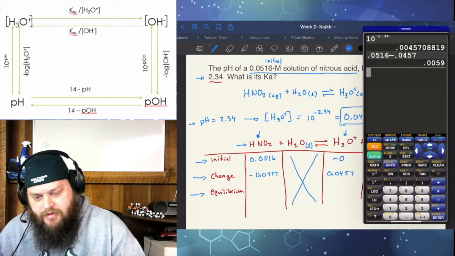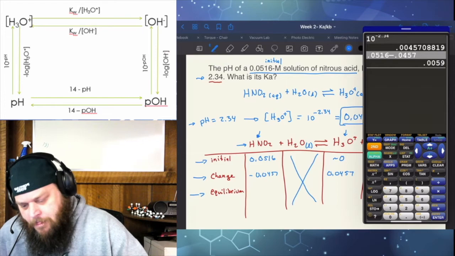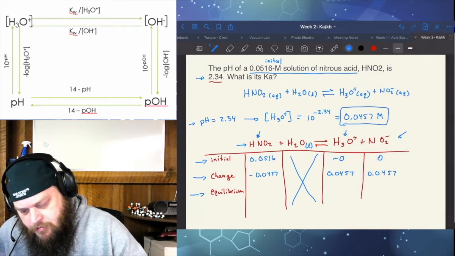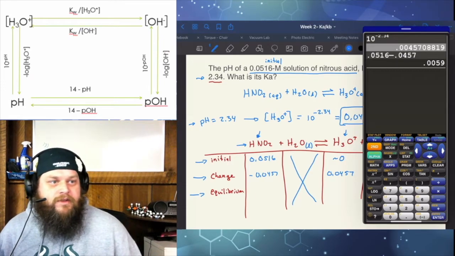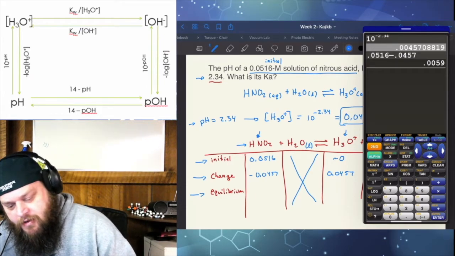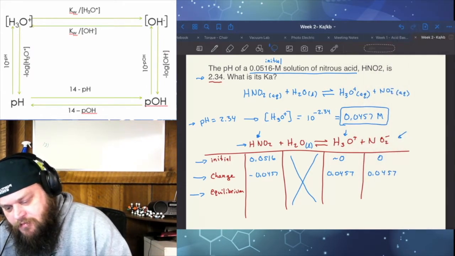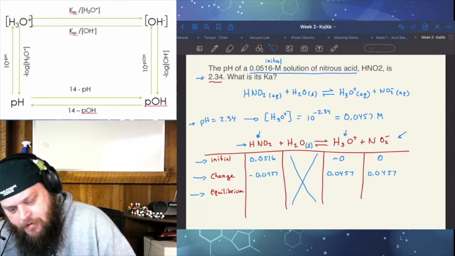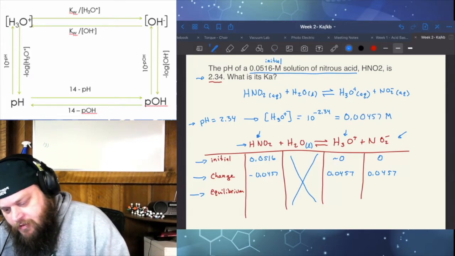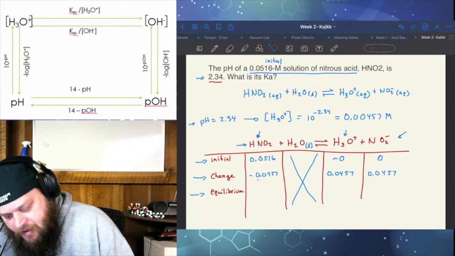Oh, there's an extra zero. I forgot an extra zero there. So I should have an extra zero in everything. Let's fix that. It's an easy thing to do, at least for me, to drop a zero in things. I didn't read my calculator right. So then all of these need that same extra zero.